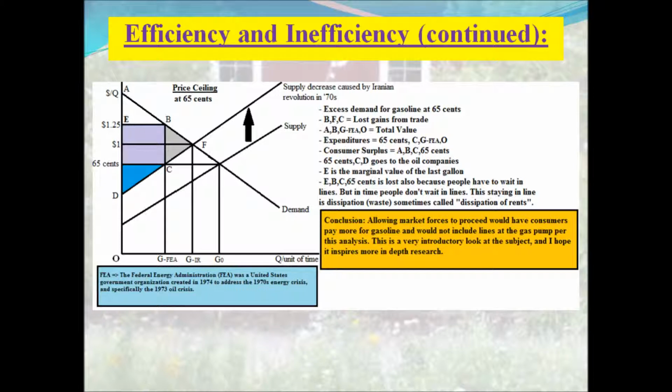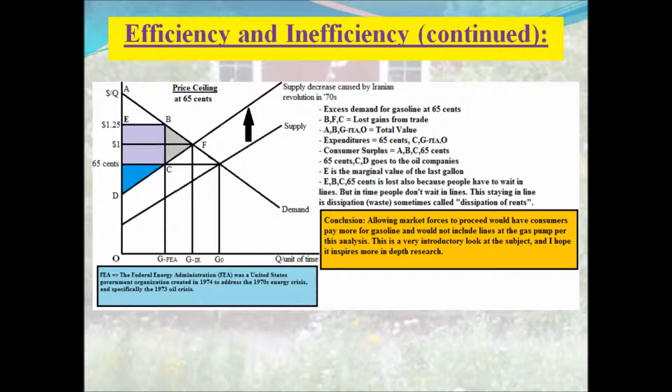We show here where initially the supply is the lower supply line that shows the equilibrium price to be 65 cents.